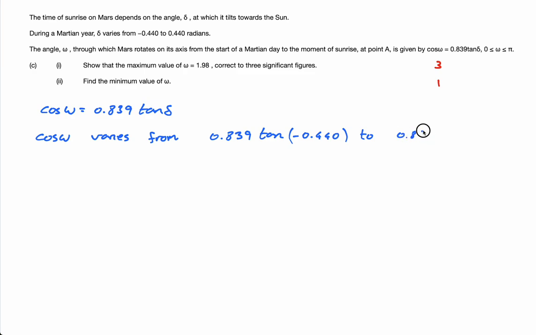So we need to sub in the two deltas. Now I'm not actually quite sure which is the bigger one. I am guessing the negative one would be the bigger one, if I'm just thinking of the unit circle. But let's actually do it with our calculator.